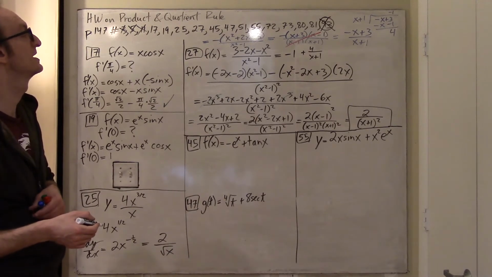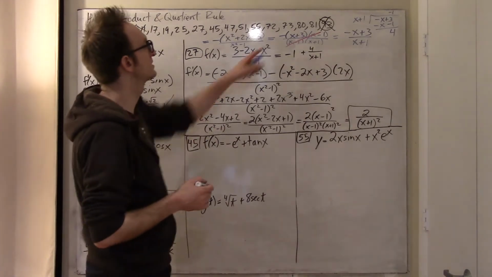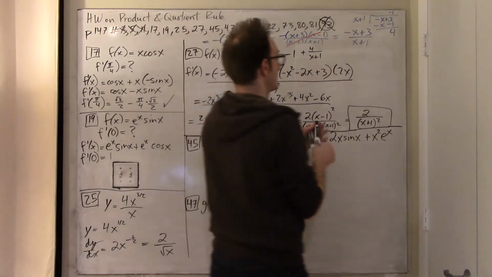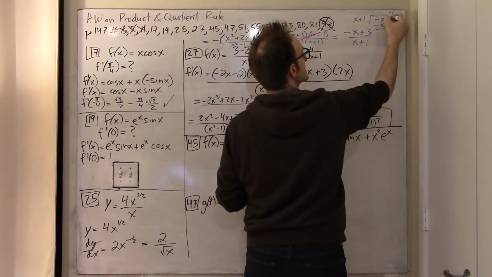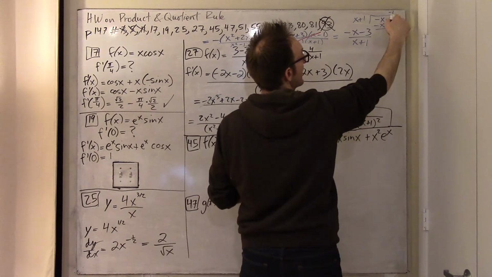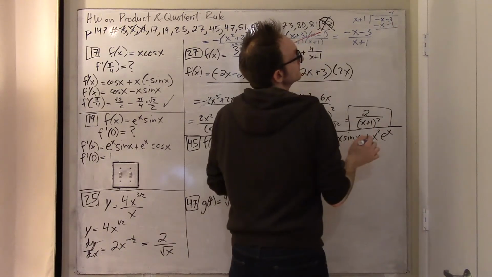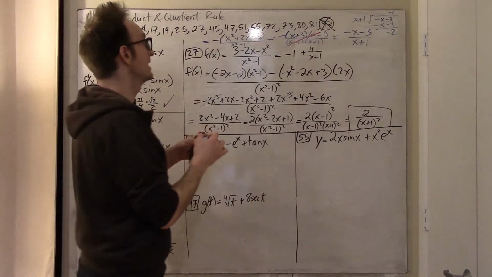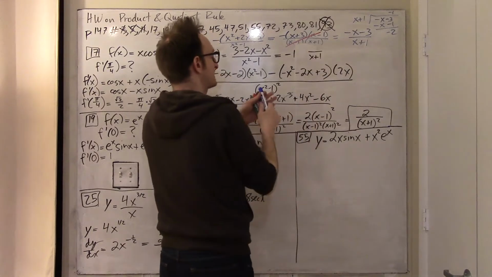Sorry, negative x minus 1. No, there's a little mistake here, because that should be negative x minus 3, I see. Oops, I made a little algebra mistake, so that's minus 3. So, therefore, negative 3 minus negative 1 is negative 2. Okay, so there we go. It's negative 1 minus 2 over x plus 1.